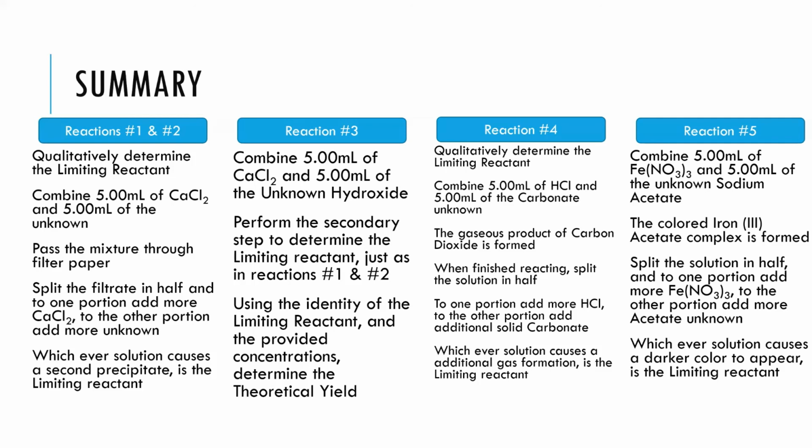When you add more of that limiting reactant, it will get darker because there is excess of the other thing. So you're going through all 5 of these reactions, really looking at determining what the limiting reactant is and quantifying different moles of reactant, different moles of the limiting reactant, different moles of product, and theoretical yield.